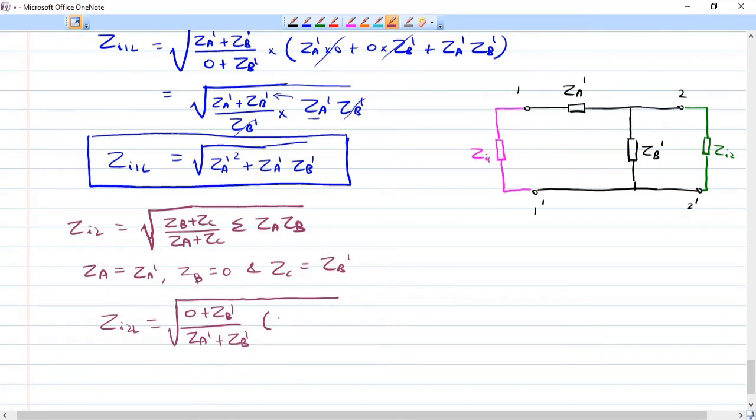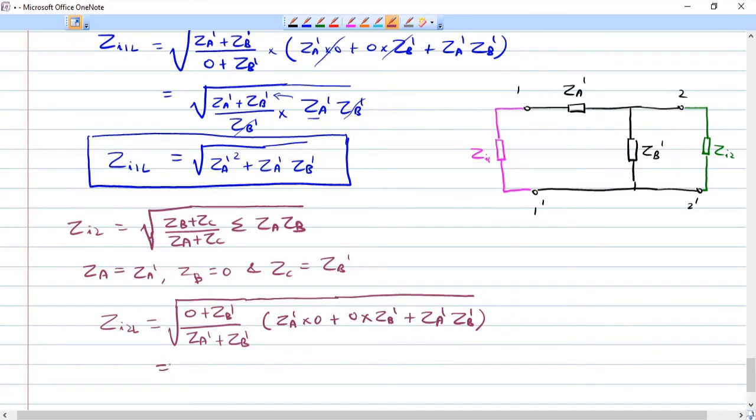So Zb is equal to 0, and we have Za dash into 0 plus ZbZc is again 0, plus ZcZa will be Za dash into Zb dash.